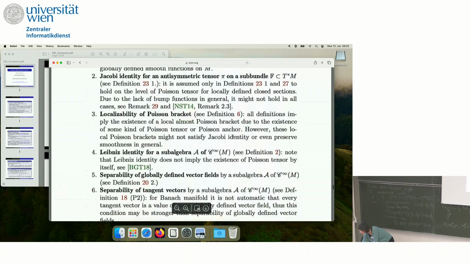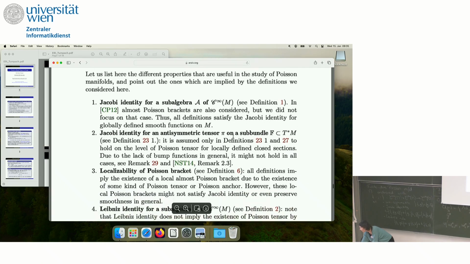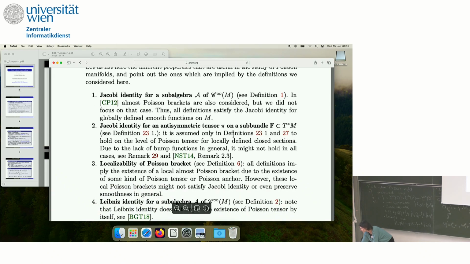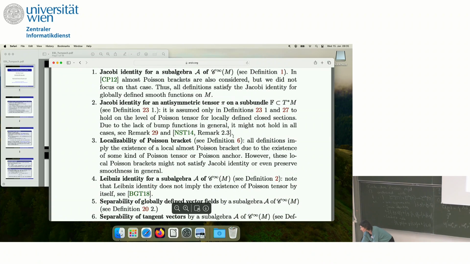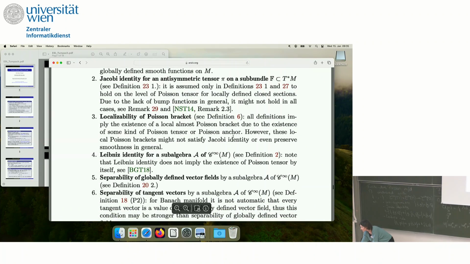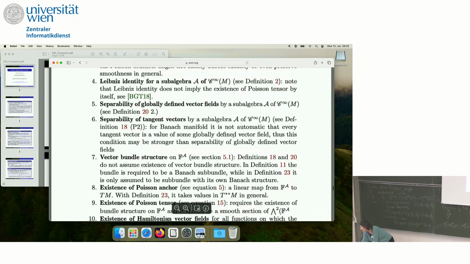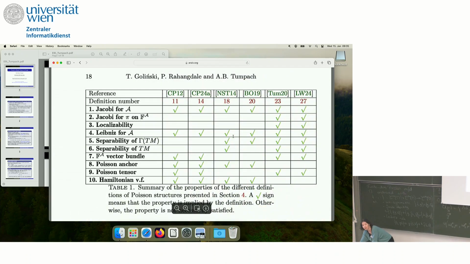So let me show you, here there is a list of differences between the different approaches: where the Jacobi identity is satisfied, if there is a Poisson tensor, if it's possible that there's no Poisson tensor, if the Poisson bracket is necessarily localized when this definition is taken. And at the end, you have a table to compare.